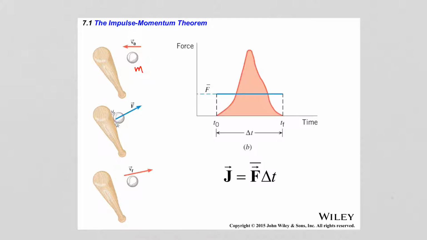If the baseball has mass m, then when it gets hit by the baseball bat, we know that it changes direction of motion and also the velocity changes. So therefore, a specific quantity associated with the motion of the baseball and the mass of the baseball changes.